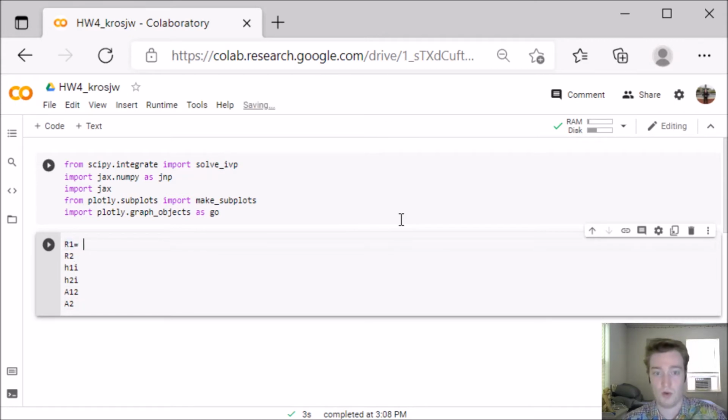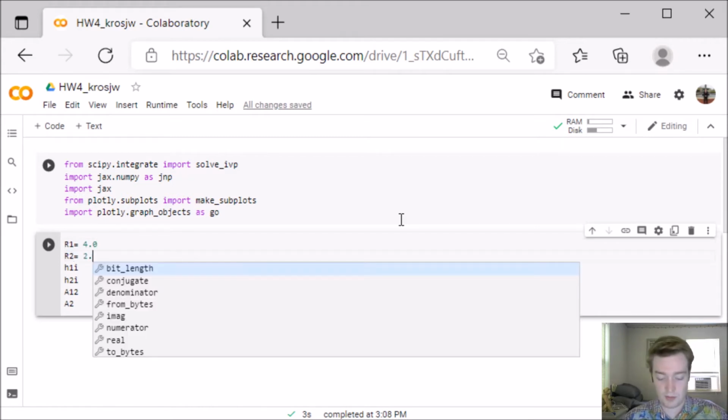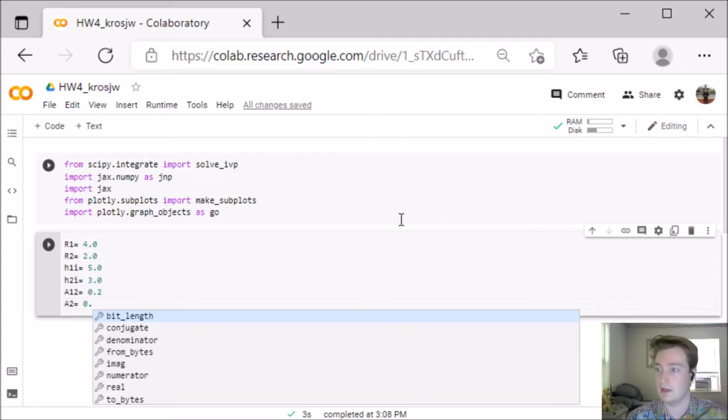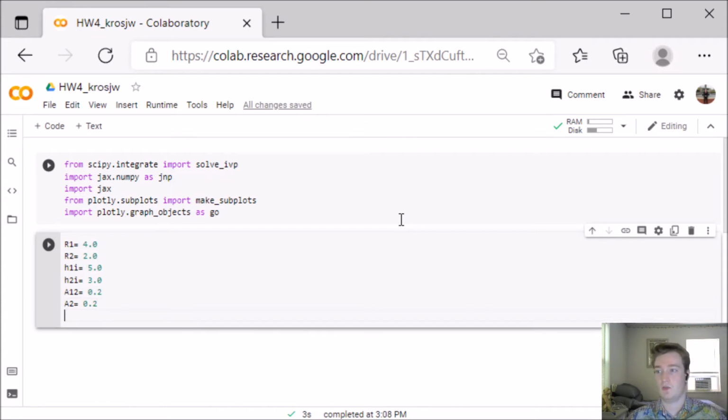And what do these equal? A1 was 4.0, oops. This was 2, just like that. Initial height for 1 was 5, I believe. So 5.0. This was 3 meters, 3.0, and both of these were 0.2.